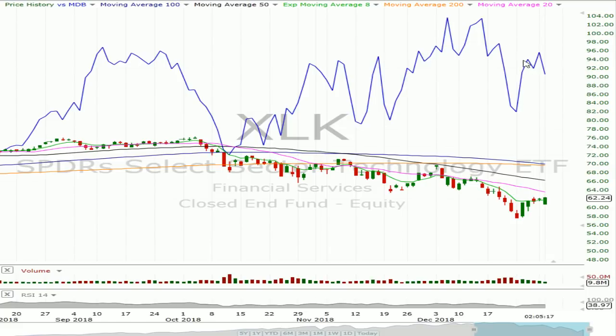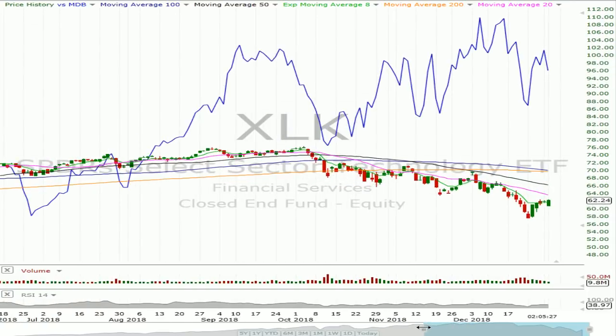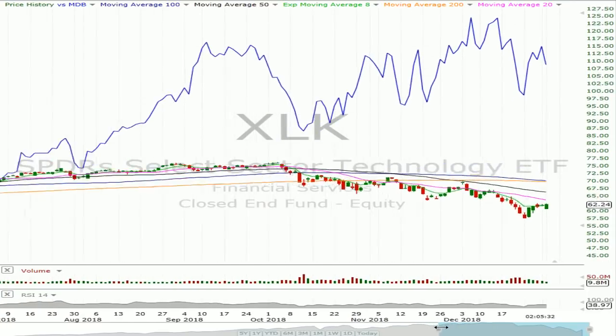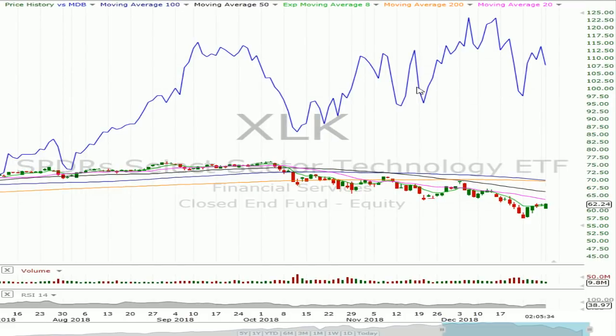Not only that, but this one is just off its 52-week high. It's only retreated about 10-15% off its 52-week high, whereas the XLK was down pretty sharply, and this is still hanging out near the high. So if you want to go in, if we just get rid of this, we go into the actual chart.